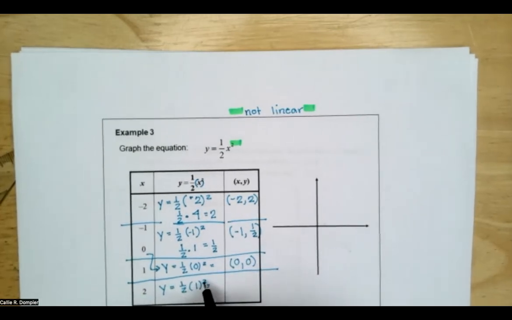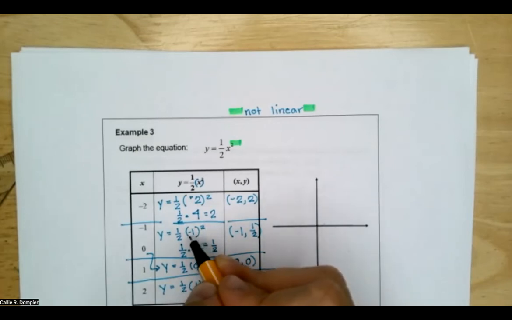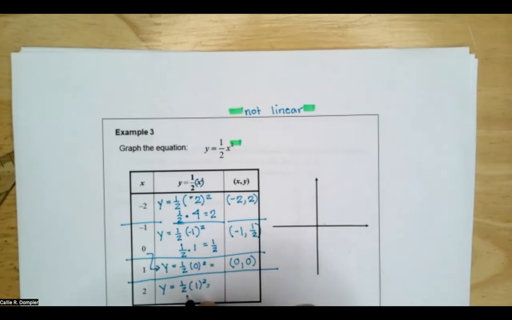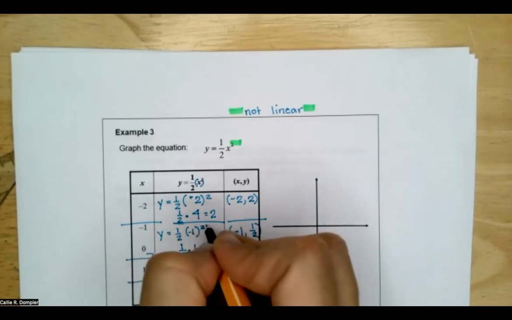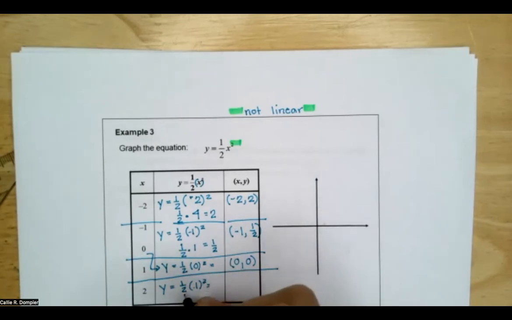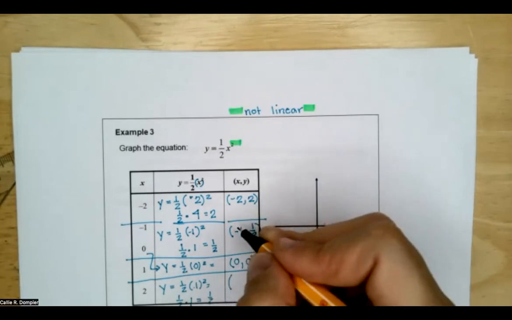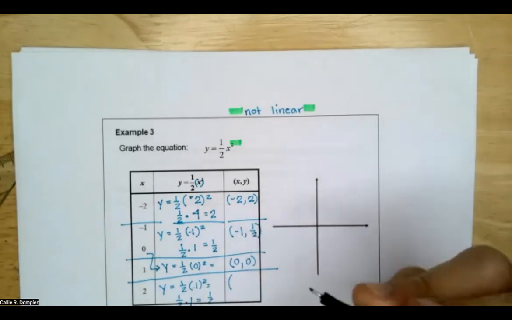Now I'm going back to 1 squared times 1/2. Back here it was -1 squared times 1/2, and we got 1/2 times 1, which is 1/2. And I'm going to get the same answer here because 1 squared is the same as -1 squared. So 1 squared is still 1. 1/2 times 1 is 1/2. So when my x value is -1, my y value is 1/2.